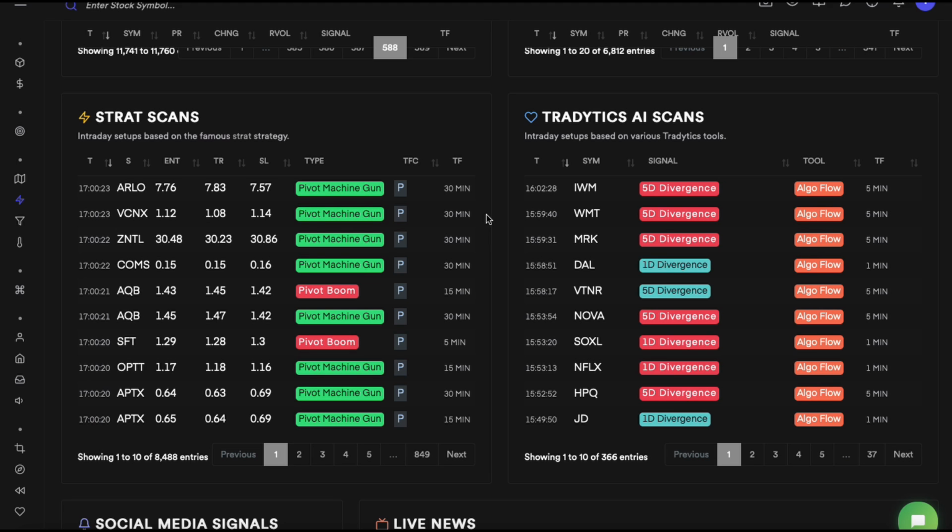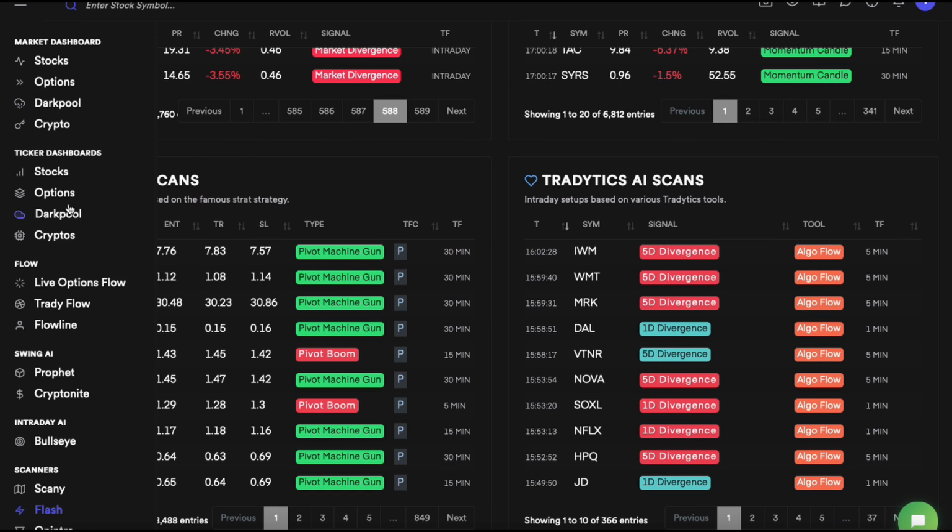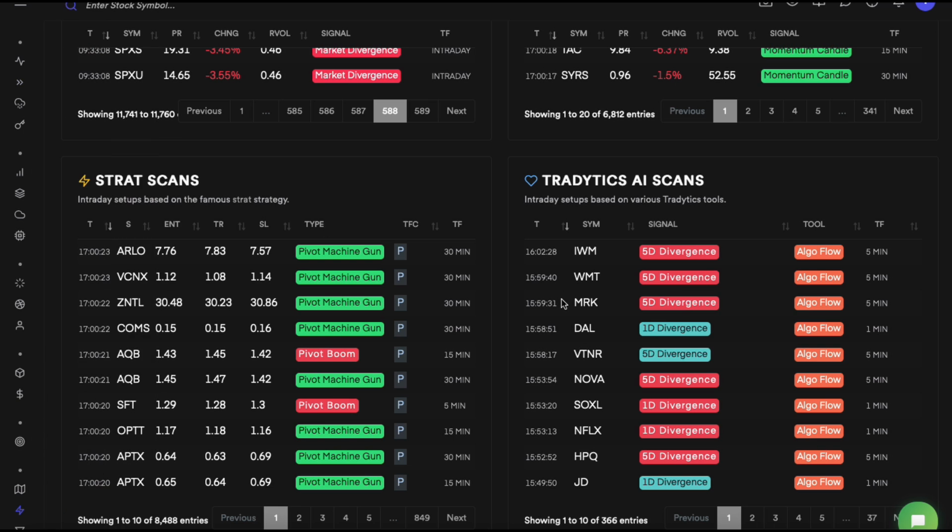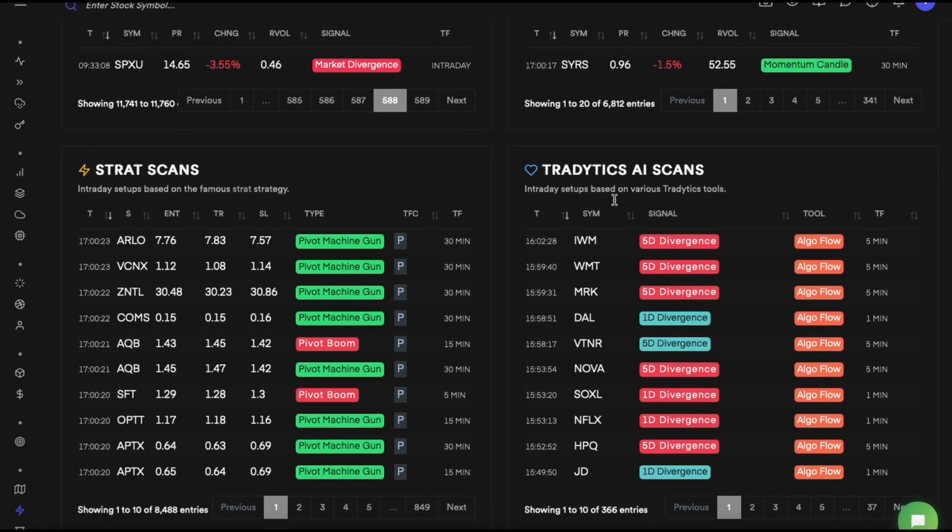Then we have scans based on our own tools, the main one being Algo Flow. If you have watched our video on options dashboard and options market dashboard, then you would know what net flow and algo flow are. Anytime price is going one way but the algo flow is going the other way, on both the 1 day time frame and the 5 day time frame, anytime there is a divergence there, we find that and report it in this Tradix AI scan.